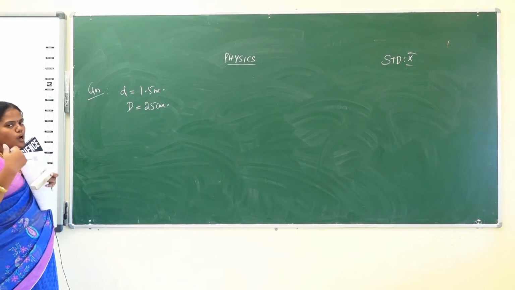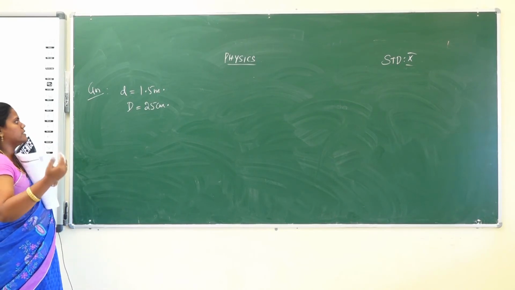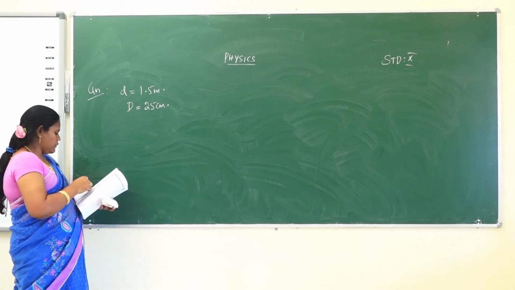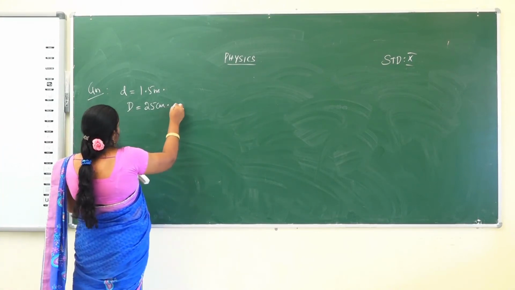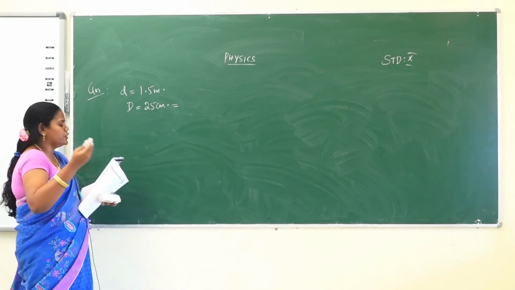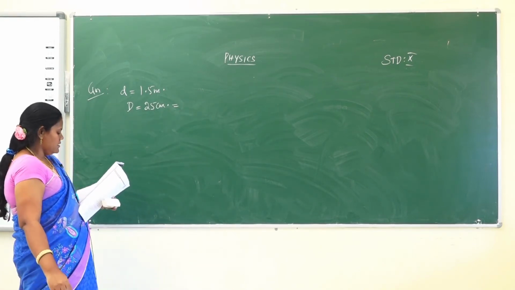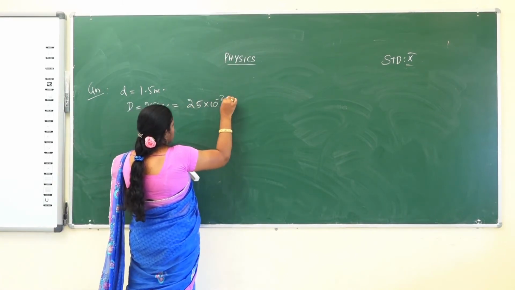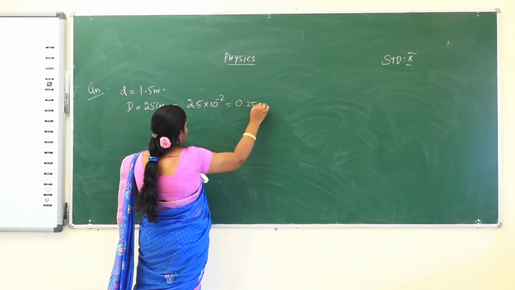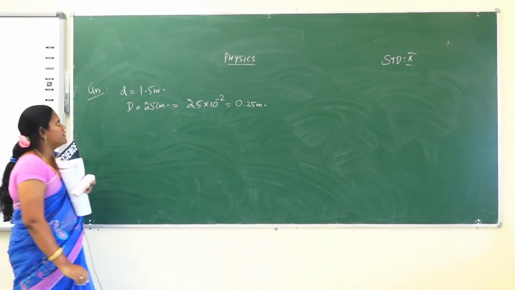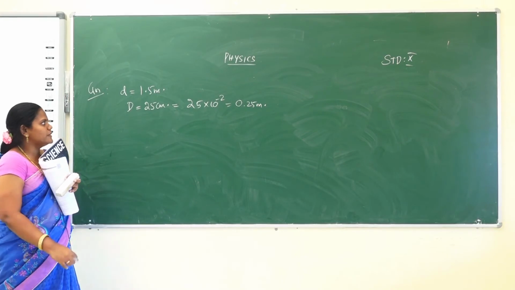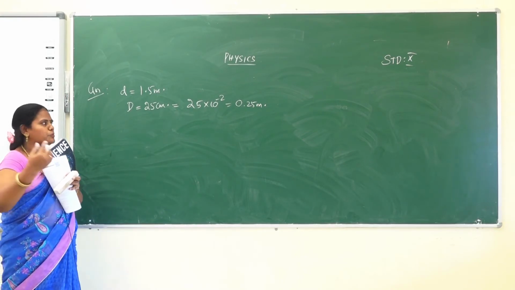The distance at which the person wants to see, that is capital T. So 1.5 and 25 centimeter, which will be converted into meter. How will you convert? 25 into 10 power minus 2 meter, so that is 0.25 meter. One value is given in meter, another in centimeter, so centimeter will be converted into meter.